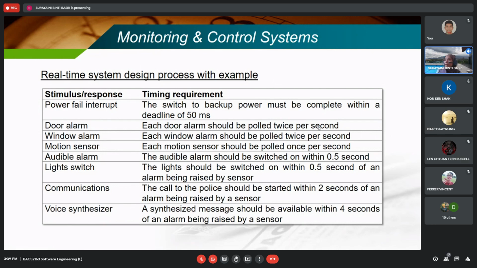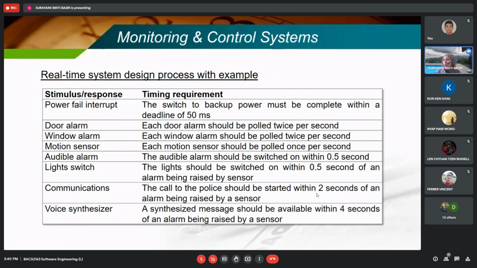For the audible alarm, the timing needed is within 0.5 seconds, half a second. Okay, so the light switch is within 0.5. Okay, so communication, meaning the time needed for the system to be able to call the police, should be started within 2 seconds after it detects there is an intruder.